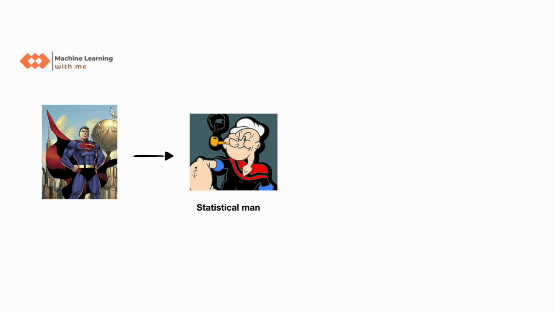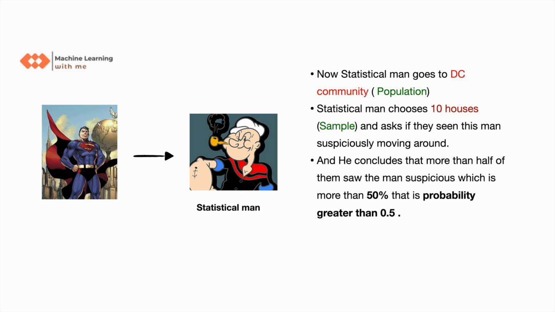Now Superman tries to collect the evidence in order to prove the robber guilty. Now Superman approaches a particular person named Statistical Man. Okay, so what does the Statistical Man do? Statistical Man goes to the DC community. Now consider this DC community as the population.